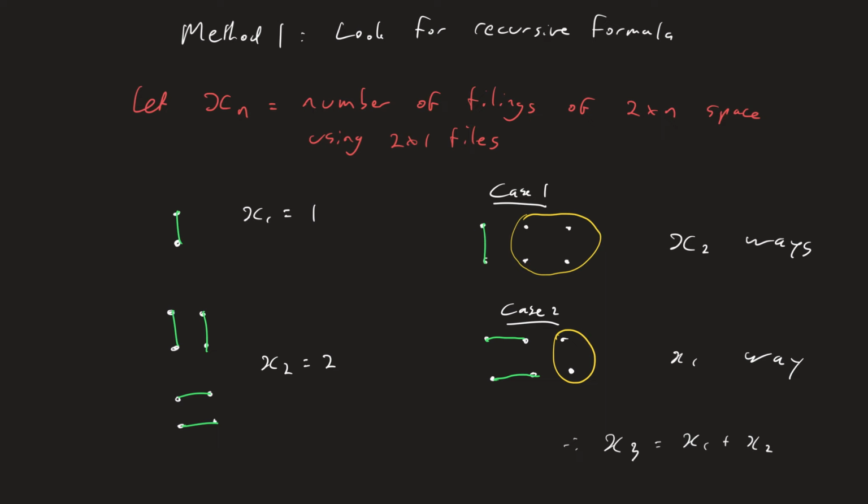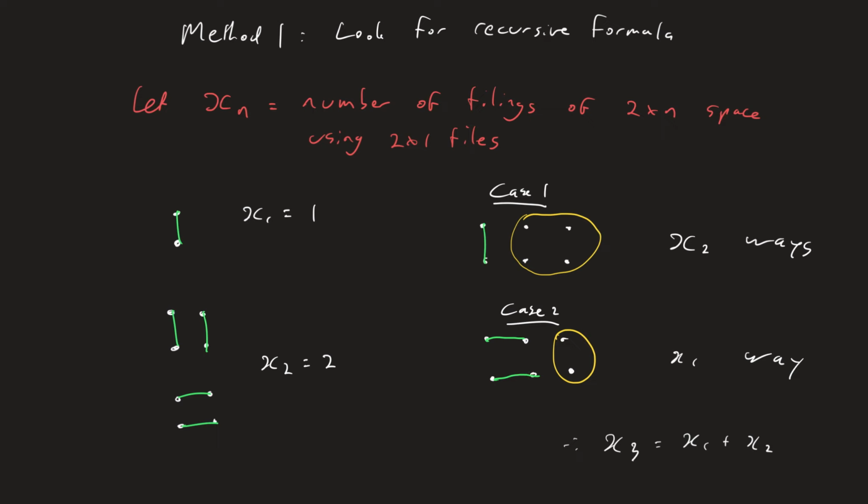In case 1, if our very first tile is vertical, that leaves a 2 by n minus 1 rectangle to tile. So in this case, we're left with a 2 by 2 square. So in case 1, we have x2 ways of tiling this, where x2 is equal to 2. In case 2, when our first tile is horizontal, then we must also have a horizontal tile below it.